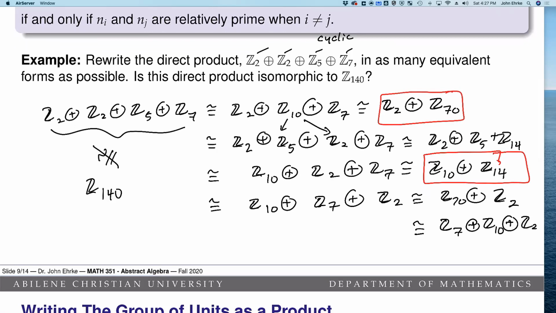No matter what I do, I can't write Z140 that way. So this group is cyclic, but that must mean that this group is not. So this direct product is not cyclic, otherwise they would be isomorphic. This direct product is not cyclic, even though each of its member groups that compose it is cyclic.